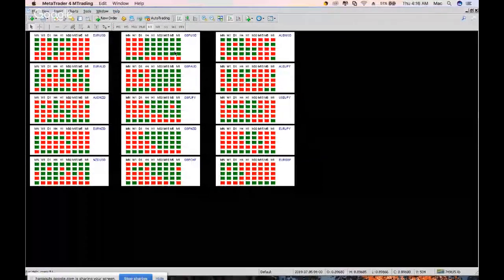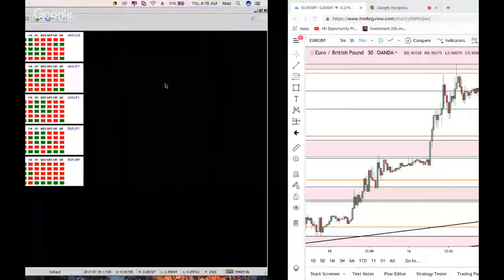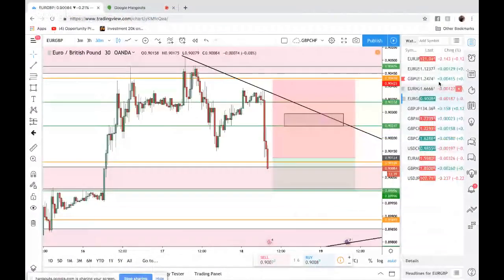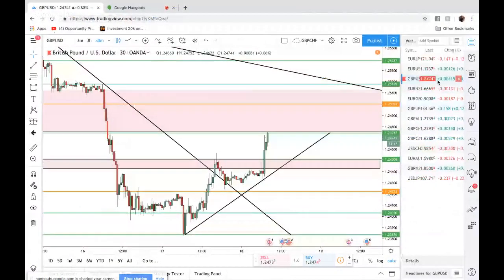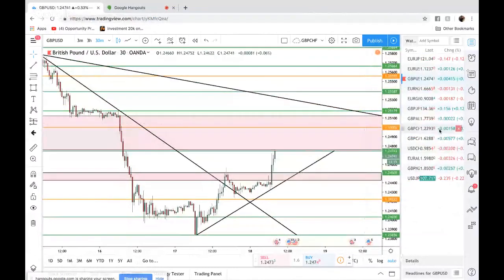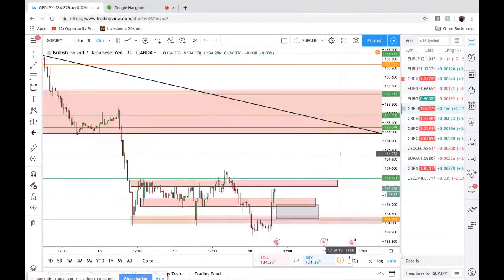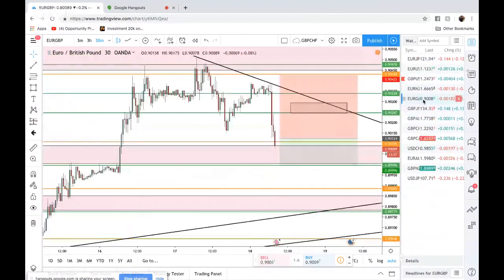Because overall, these GDPs definitely are all showing us, hey, let's look for buying opportunities. But with our setups, with our markups, there's still a few things holding us down, some levels. So this is where I'm just going to wait it out.